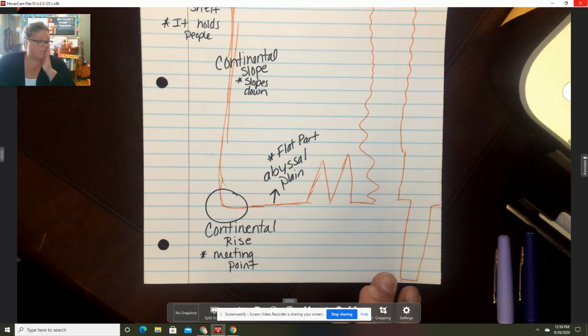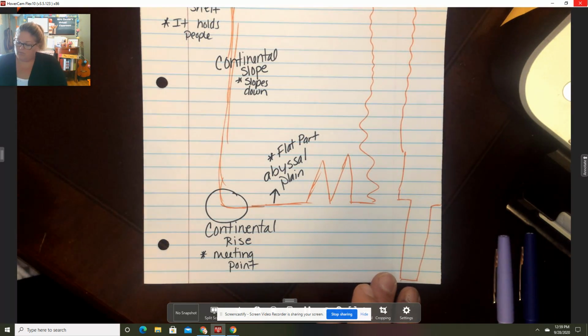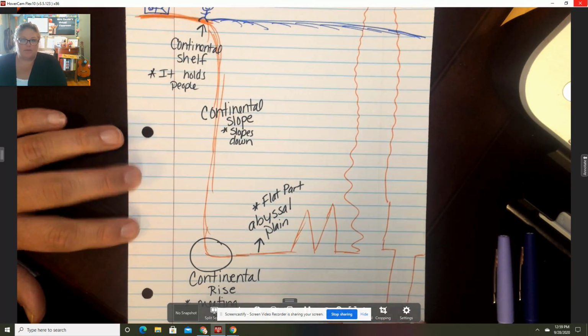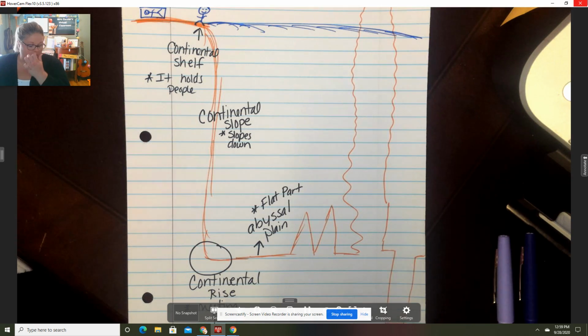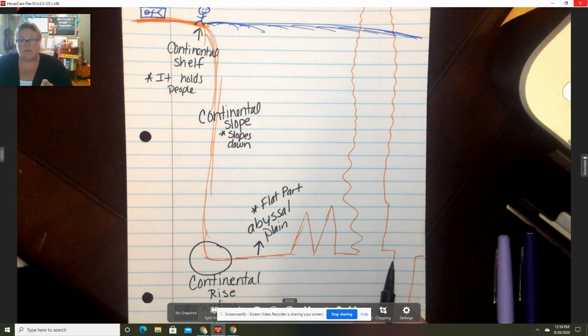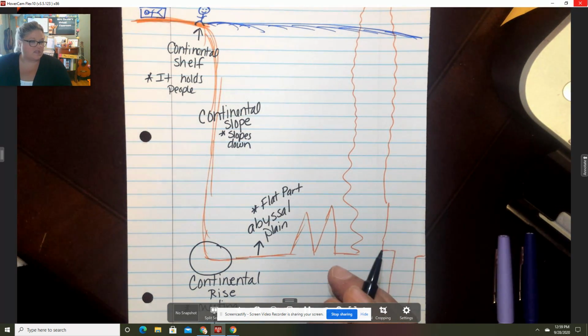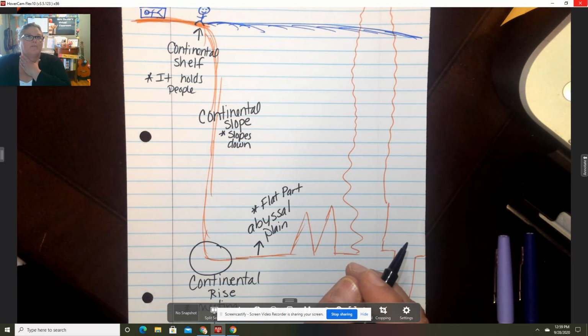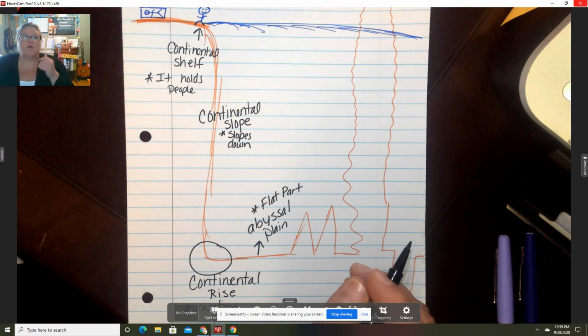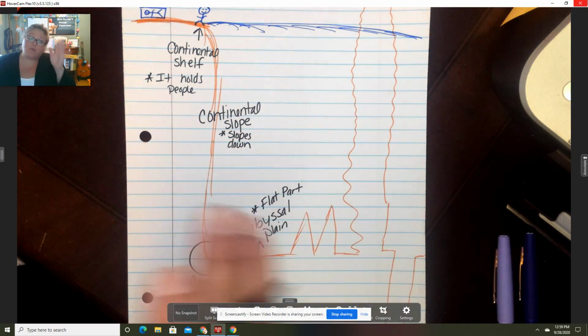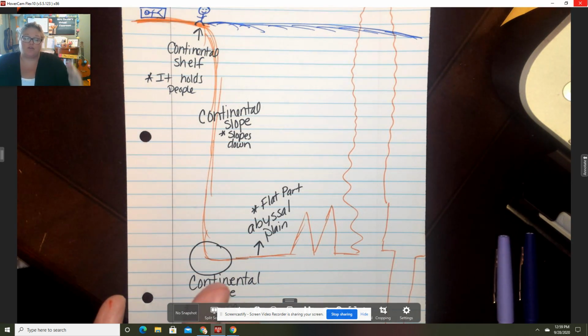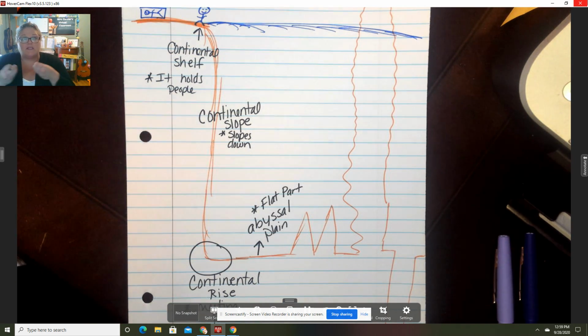All right. These are like the mountain ranges under the sea. So in the Atlantic Ocean, when you go between the United States and Europe, there are the mid-Atlantic Ocean ridges, and that's a pretty big mountain range under the sea.